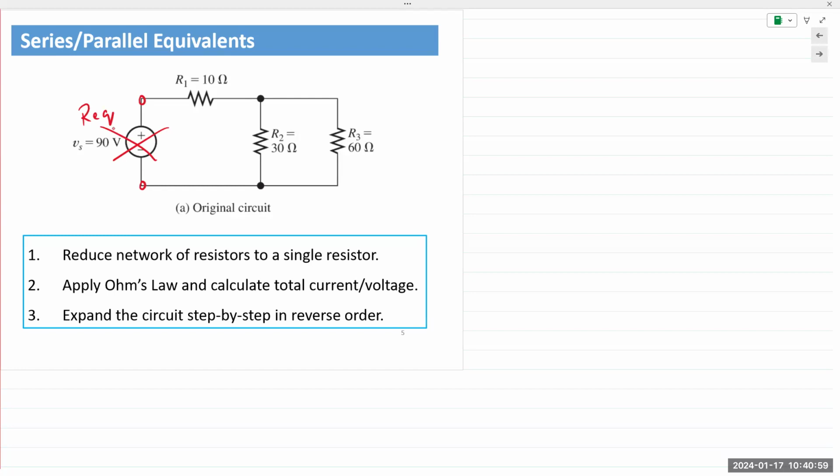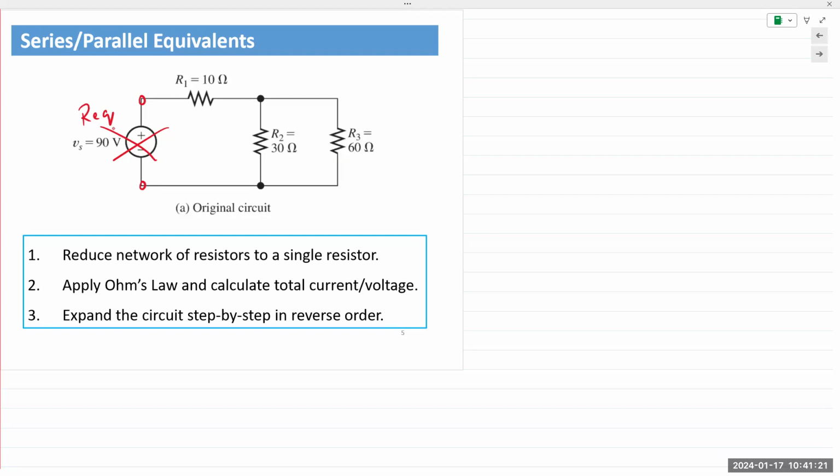Once you have one single value for that single resistance, you apply Ohm's law. V equals IR. The source could be voltage, the source could be current. But once you find R, you have one known value, and then you can find the third by applying Ohm's law.